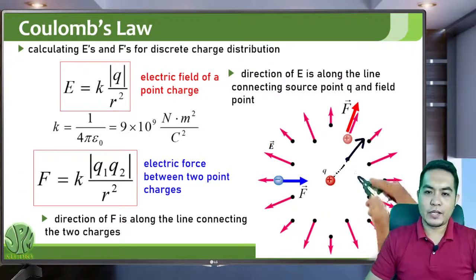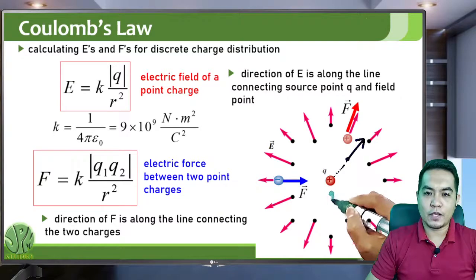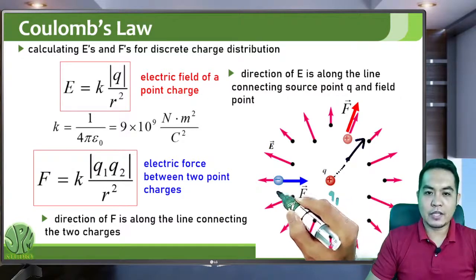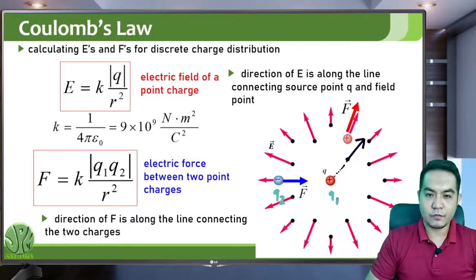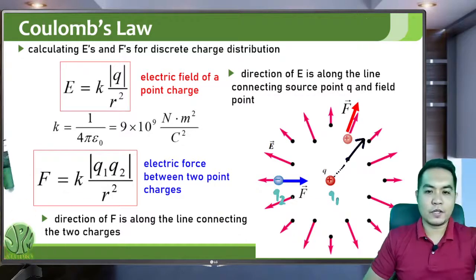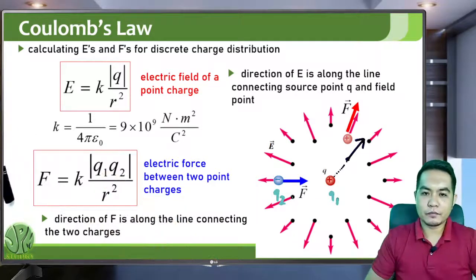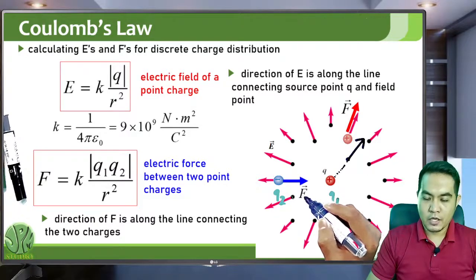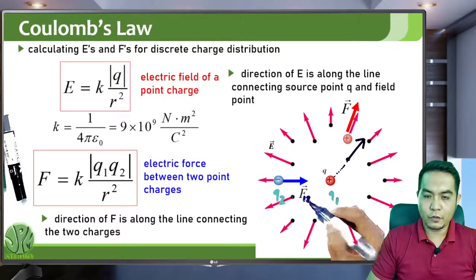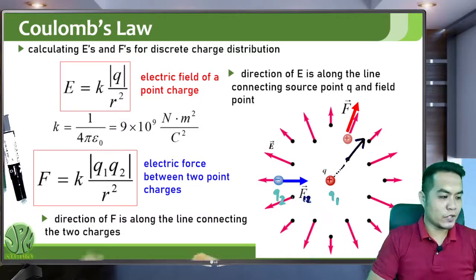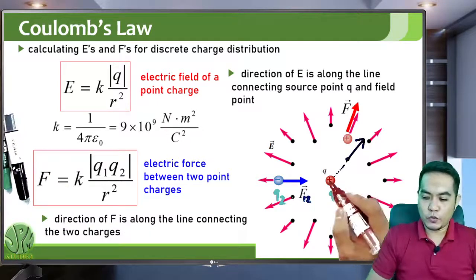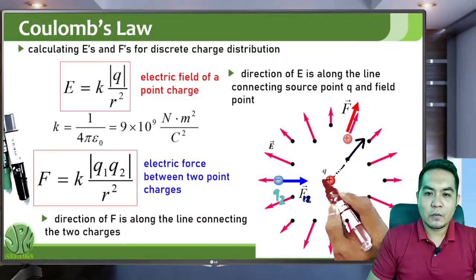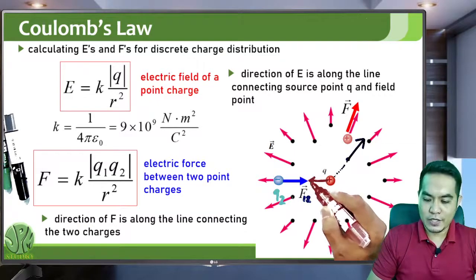So if for instance this is Q1 and this is Q2, then this force is the force exerted by Q1 on Q2, F12, and the force exerted by Q2 on Q1 is in the opposite direction, but they will still have the same magnitude.